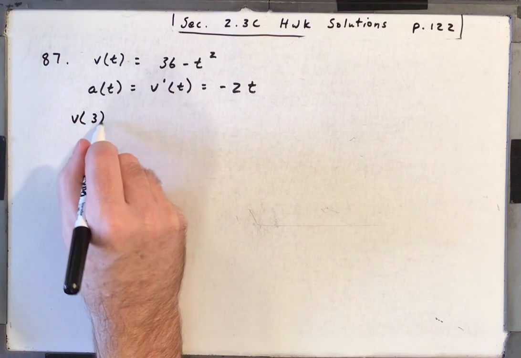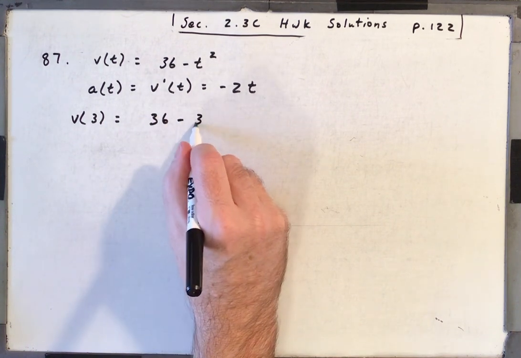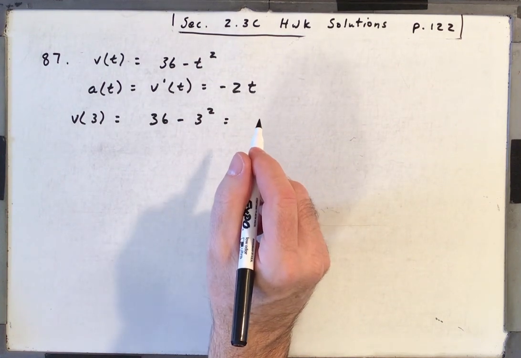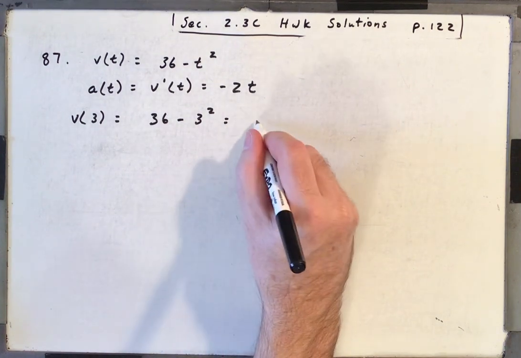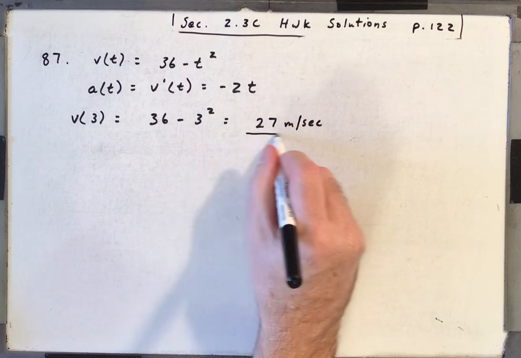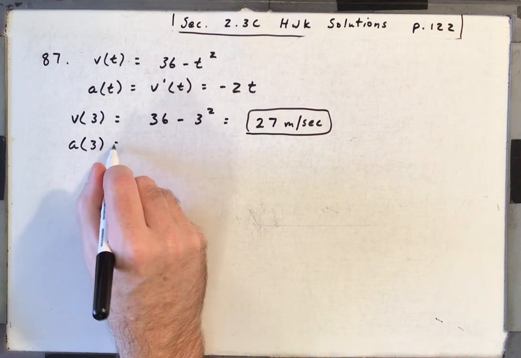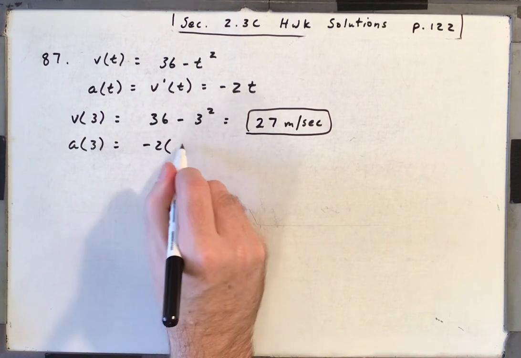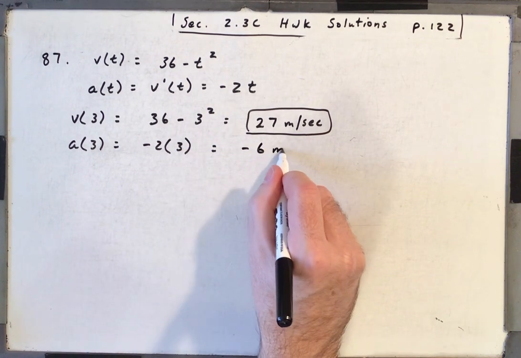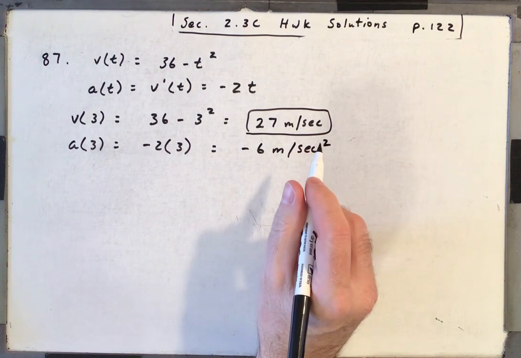Velocity at 3 seconds would be 36 minus 3 squared, so 36 minus 9. That would be 27 meters per second. Acceleration at 3 seconds would be minus 2 times 3, so that's minus 6 meters per second squared.